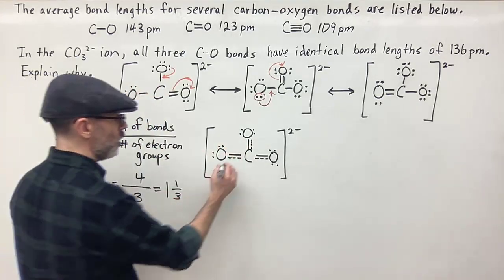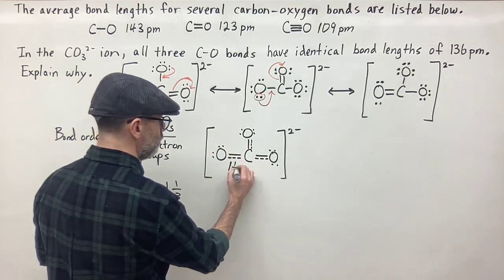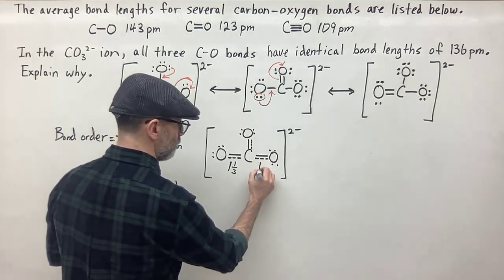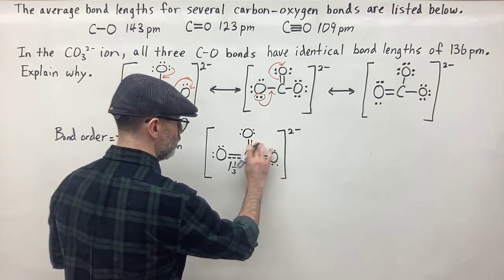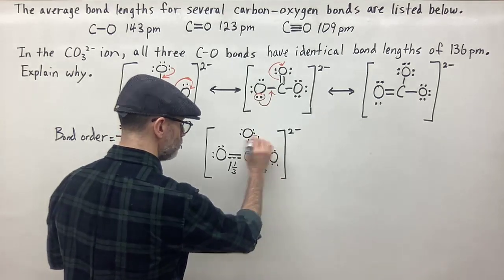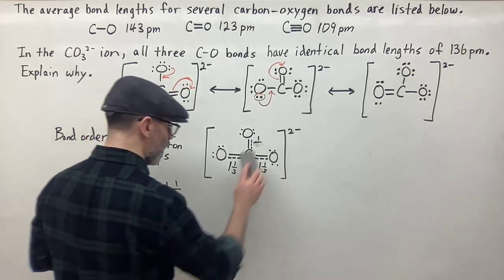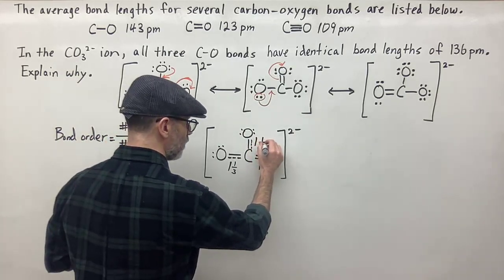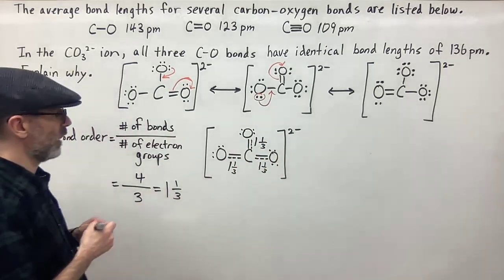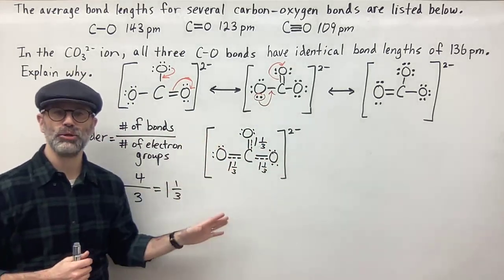So this is going to be 1 and 1/3 bonds, this is going to be 1 and 1/3 bonds, and this is going to be 1 and 1/3 bonds. Okay, so now what do we do with that?